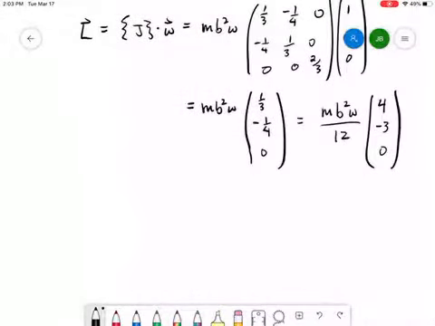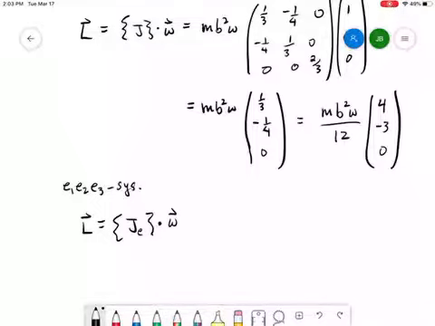So let's do the E1, E2, E3 system. So L is going to be, remember we labeled this as J sub E to remind us that these were the principal axes, and then we have dot omega.